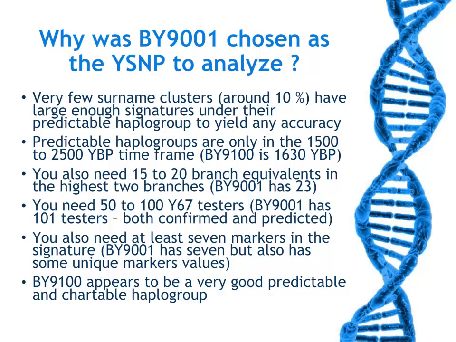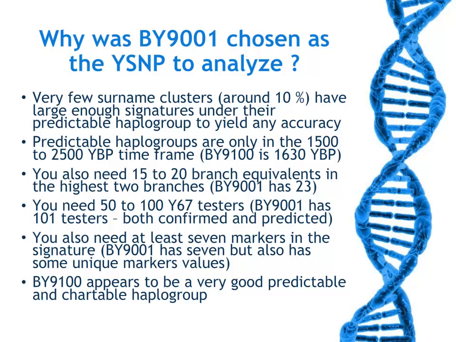Also, you need 15 to 20 branch equivalents in the highest two branches. BY9001 has 23, so it satisfies that requirement. Then you need 50 to 100 testers at Y67, both confirmed and predicted, and BY9001 has 101 testers. You also need at least 7 markers in the Y-STR signature.